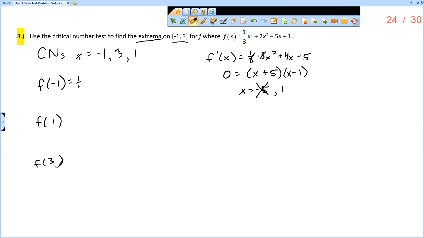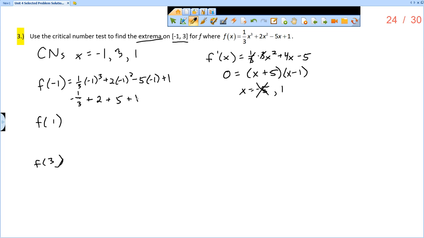All right, so 1/3 and then -1 cubed plus 2 times -1 squared minus 5 times -1 plus 1. So 1/3 times -1 cubed, that would just be -1/3, plus 2 times -1 squared, obviously that's just plus 2, and then plus 5 and plus 1.